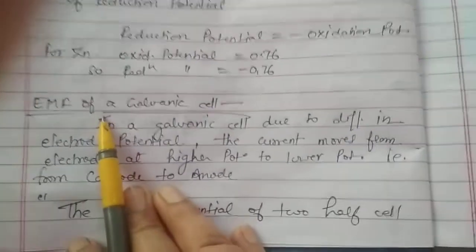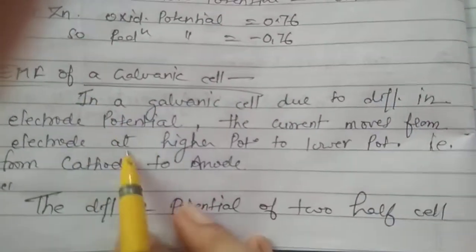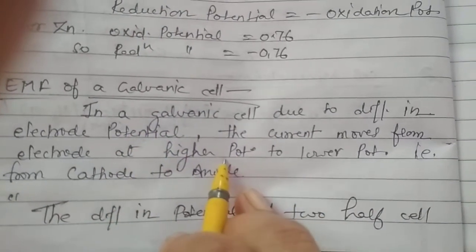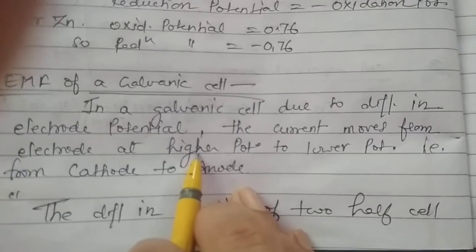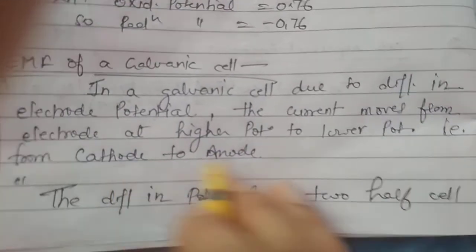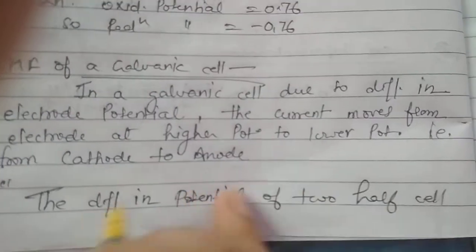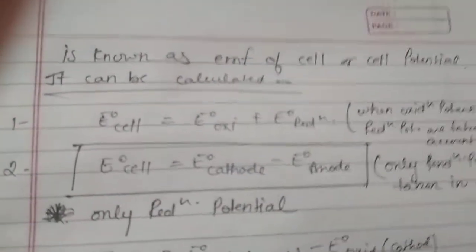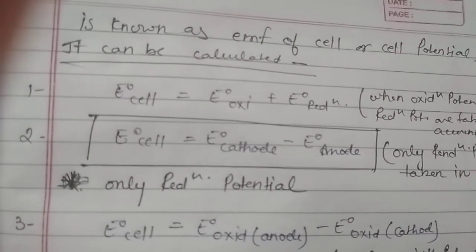Must be clear: the current always moves from the cathode to the anode. So we may say the difference in the potential of two half cells is known as the EMF of the cell or the cell potential.